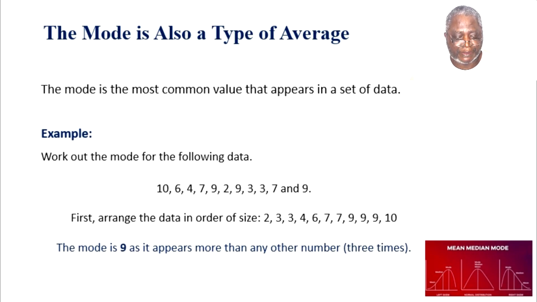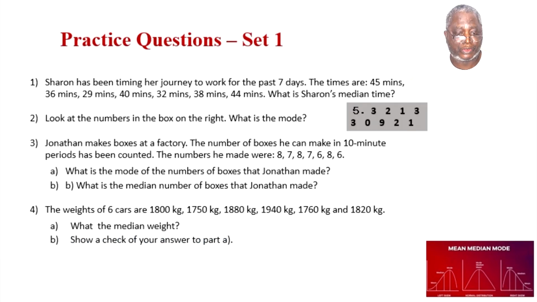First, arrange the data in order of sizes, starting from 2, 3, 3, 4, 6, 7, 7, 9, 9, 9, and 10. The mode is 9 because 9 appears the highest number of times, which is 3 times.